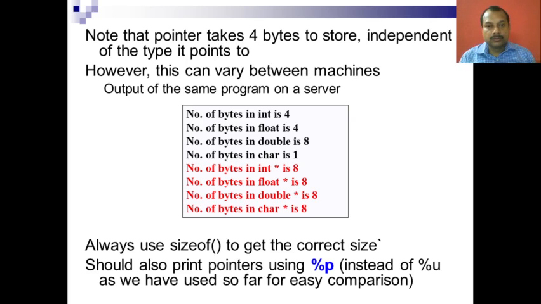In most desktops and laptops the address is 4 bytes, but if it is 8 bytes, then it is 8 bytes for integer, character, float, double, for everything, but it will be the same. Always use sizeof to get the correct size. Okay. Should also print pointers using %p instead of %u, as we have used so far, for easy comparison.